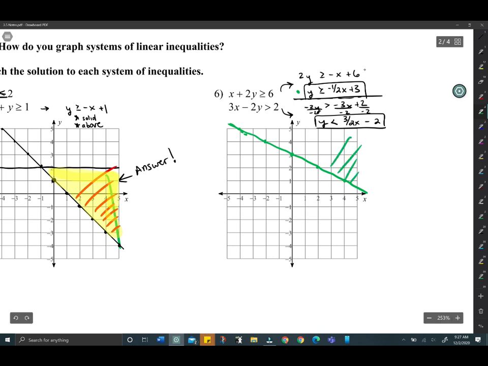Let's think about this one. What type of line type? It's going to be dashed. What type of shading? Below. And we'll just graph it as before. So -2, this time up 3, over 2, 1, 2, 3, 2. A solid line, actually a dashed line, sorry.